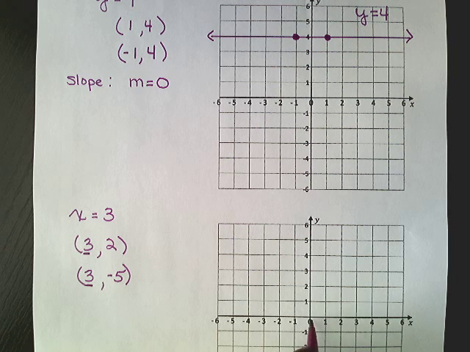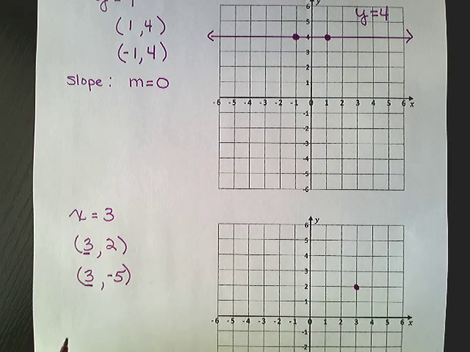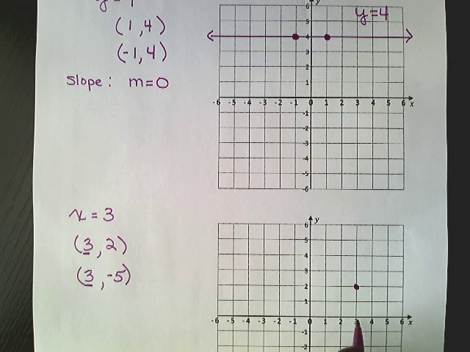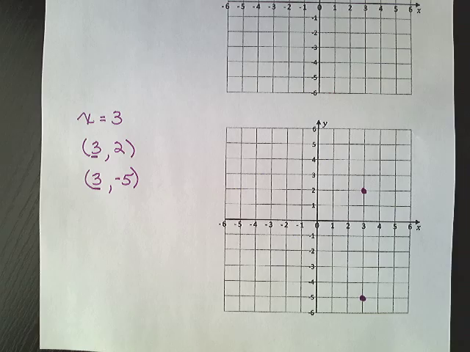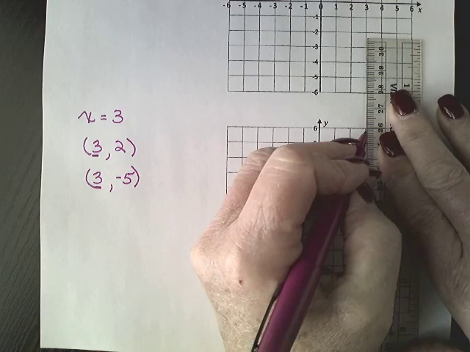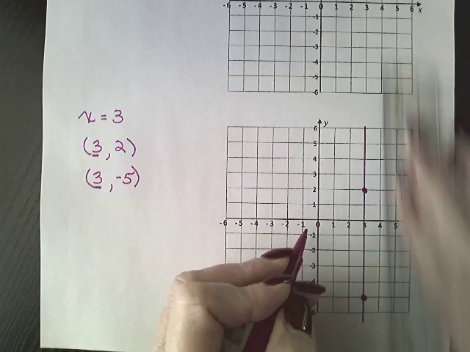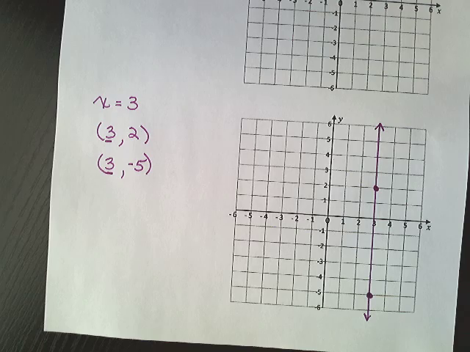So my x is 3, over 3 and up 2. That would put me right here. Over 3 and down to -5. That would put me right here. I would connect my 2 points, and I have a vertical line.